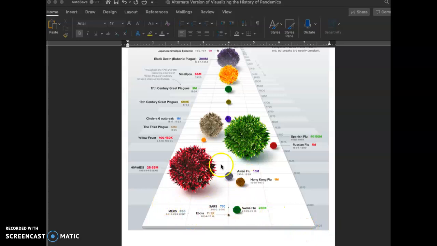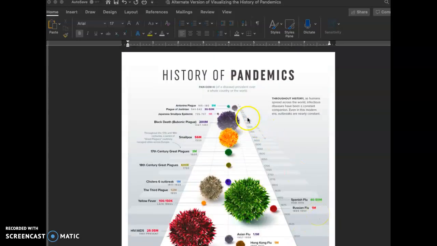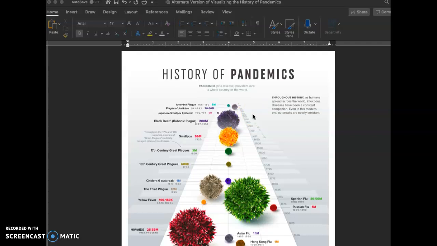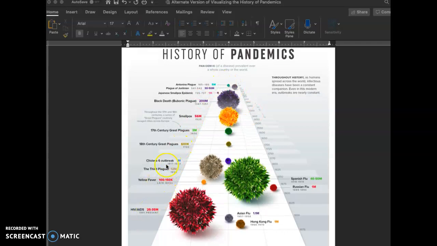We can see all the outbreaks we've had going all the way back to what is that, 500? So it's just such a long time ago. As you can see, these numbers right here, these are the fatality rates. So how many people died from that during that outbreak or that pandemic.